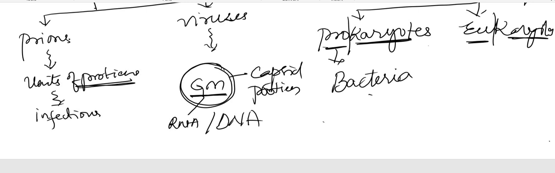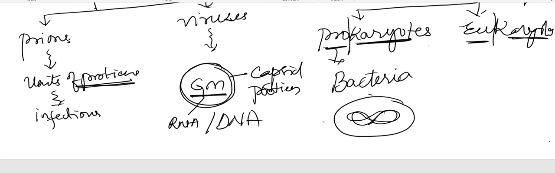These are the bacteria which do not have a well-developed nucleus. They mainly lack the nuclear membrane. Hence, the genetic material is freely floating in the cytoplasm, just like this. If this is the bacterial cell wall or cell membrane, within this, the nuclear material is just lying freely in the cytoplasm. This is the cytoplasm.